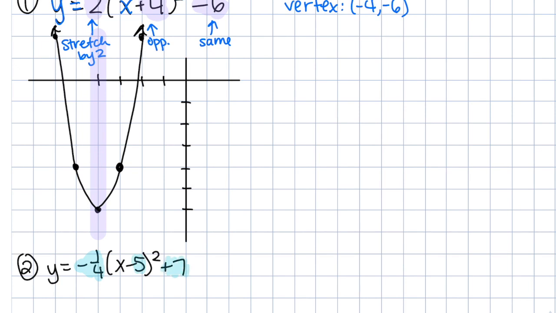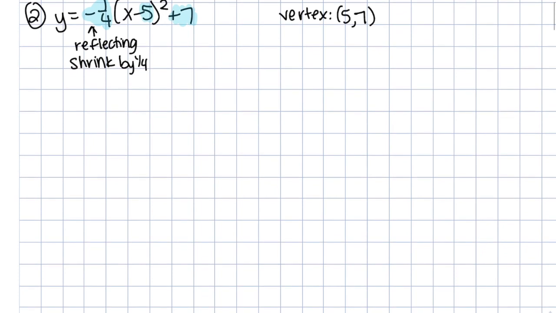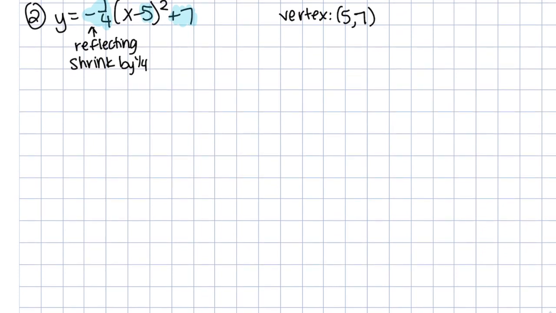So we are reflecting and shrinking. And we're shrinking by 1/4. And then my vertex is 5, 7.